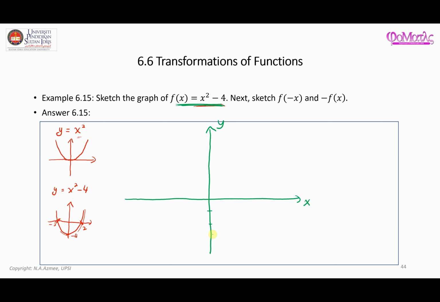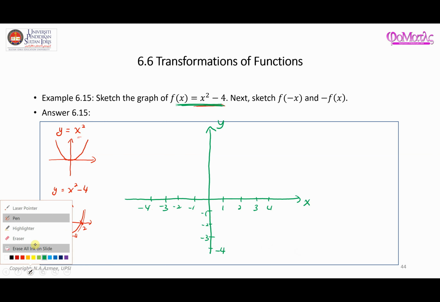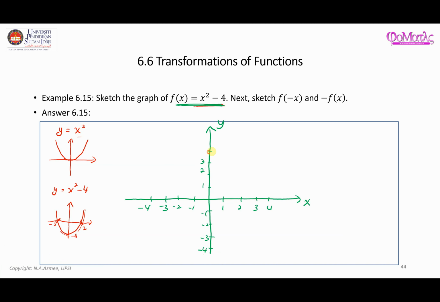Negative 1, negative 2, negative 3, negative 4, and 1, 2, 3, 4 on the other side.